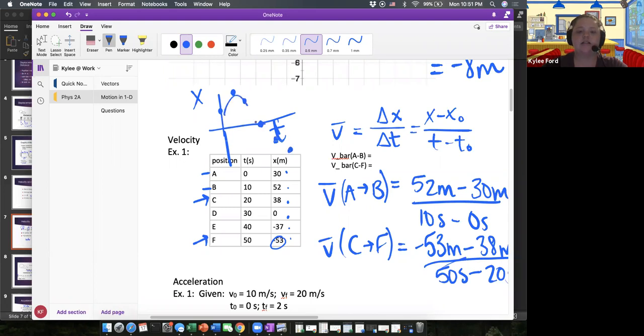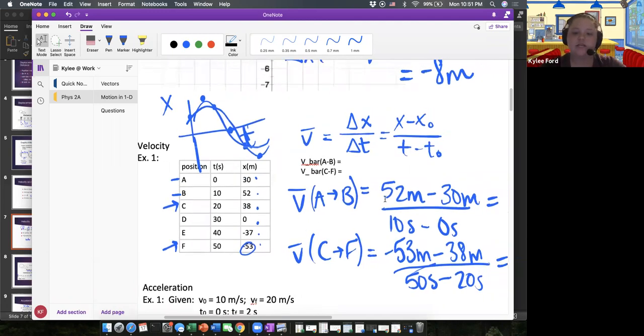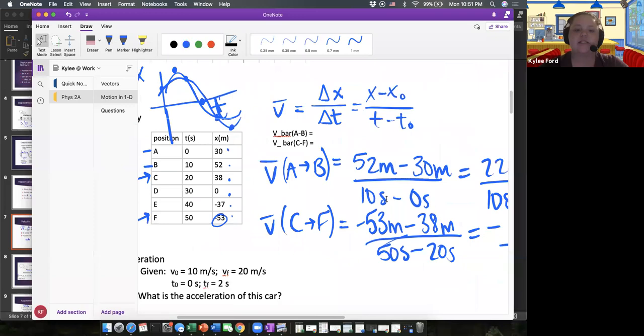So it'll kind of look something like that. I know this is super sloppy. I just wanted to give you an idea that you can see the position is changing and the velocity is also changing here. And it gets to be negative because of that direction.